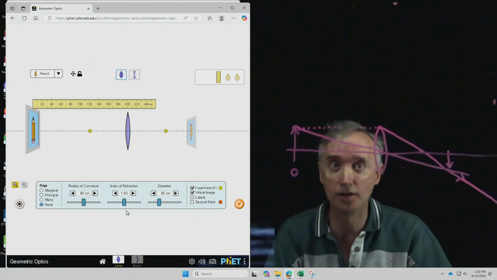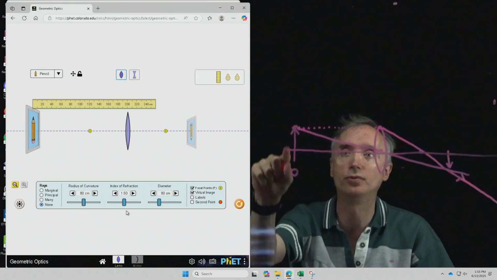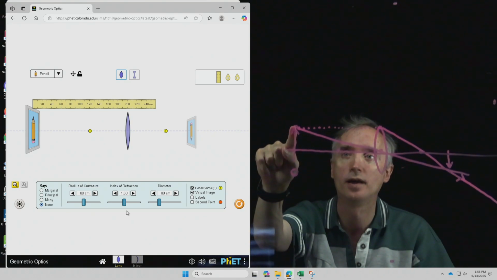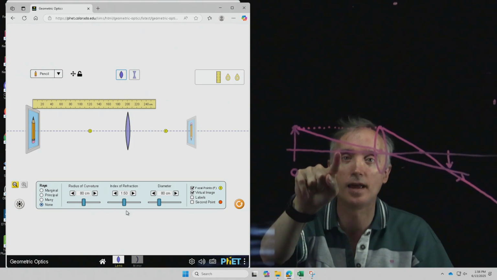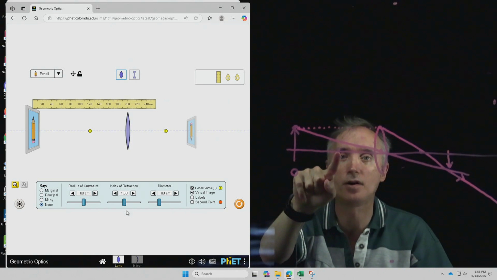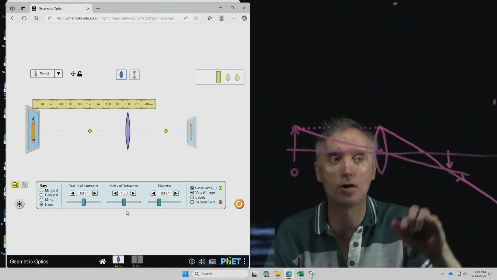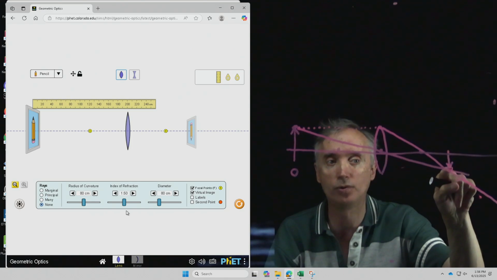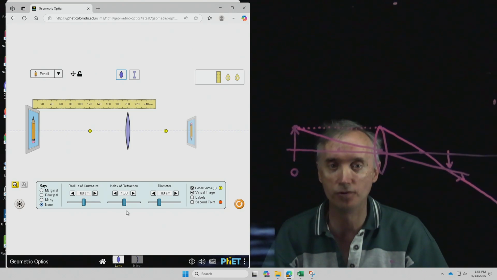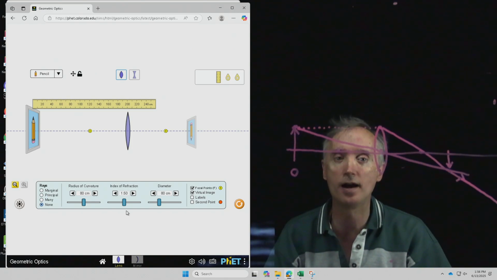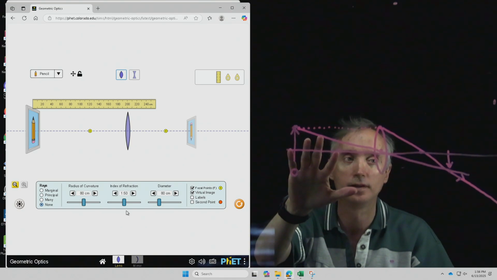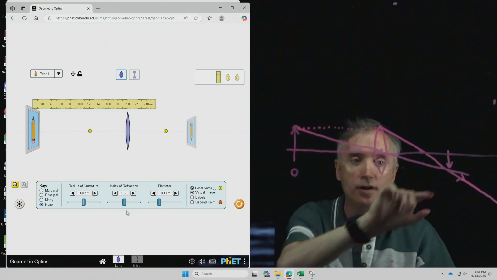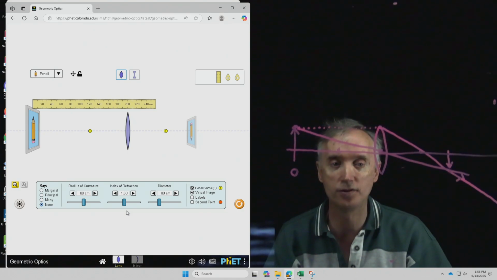Can you figure out what you could do with this focal point, and then when it hits the lens, it ought to do something, and it ought to end up at exactly the same point over here. I won't do that for you. Can you figure out what you should do with the third line that would end up over here? Okay, I'll let you think about that.